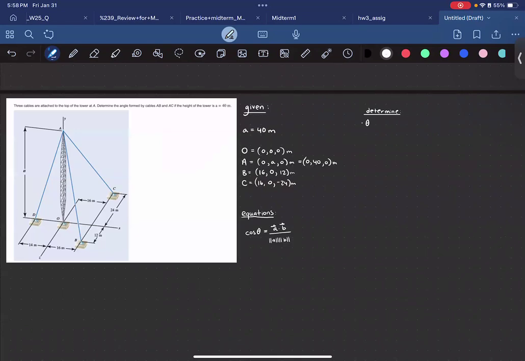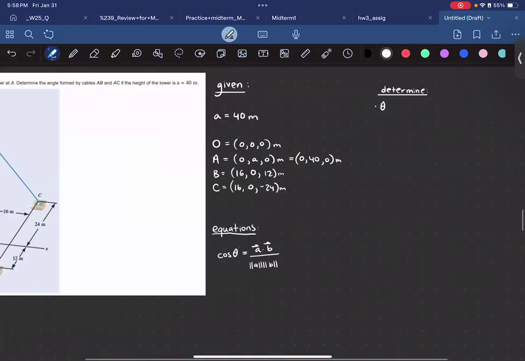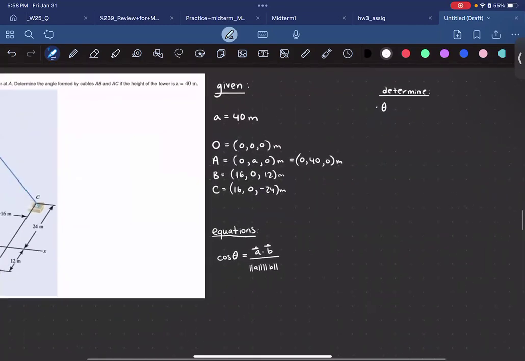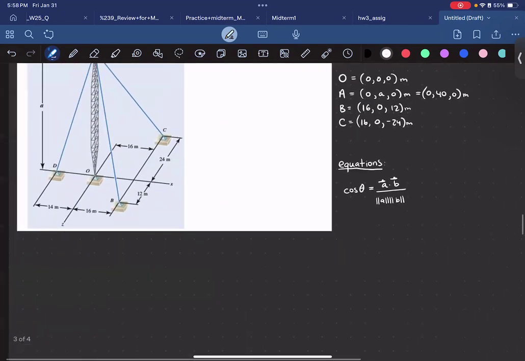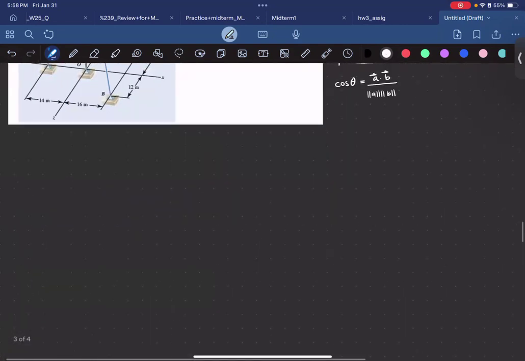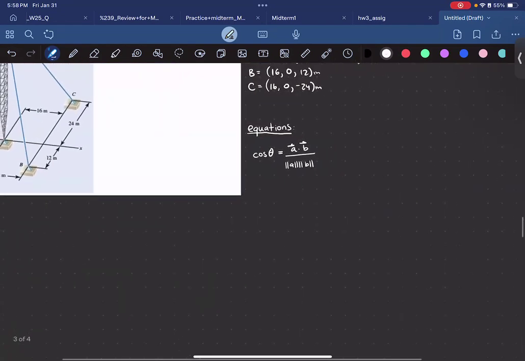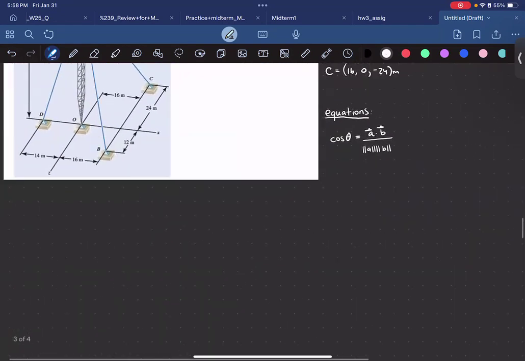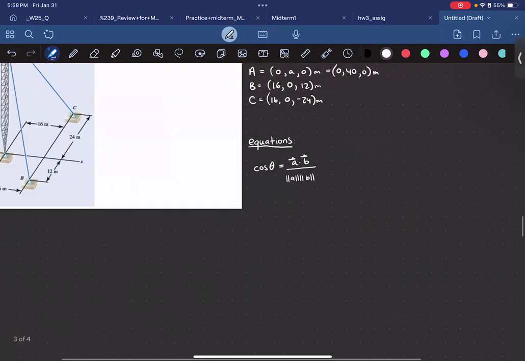All right, so I've written down some of the coordinates here, the origin, A, B, and C. What we need is the vector AB and the vector AC, and that is basically going to act as our A and our B in this equation. So let me start. All right, so let's start our analysis.